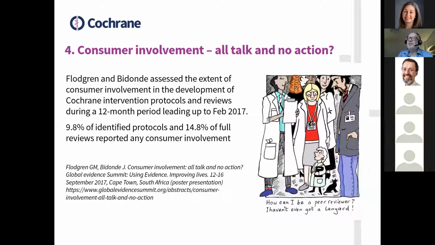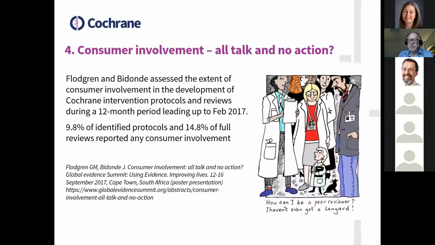And whilst I'm promoting this, I feel a bit like a salesman. I just wanted to say that not everything in the way that we involve consumers is without issues. This is quite important. Gerd Flodgren and her colleague did some work in 2017 to look at the way that involvement in Cochrane reviews is reported.